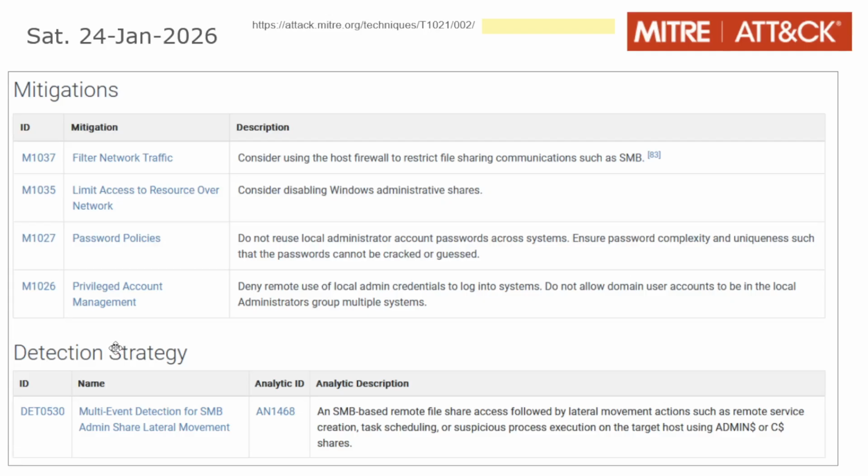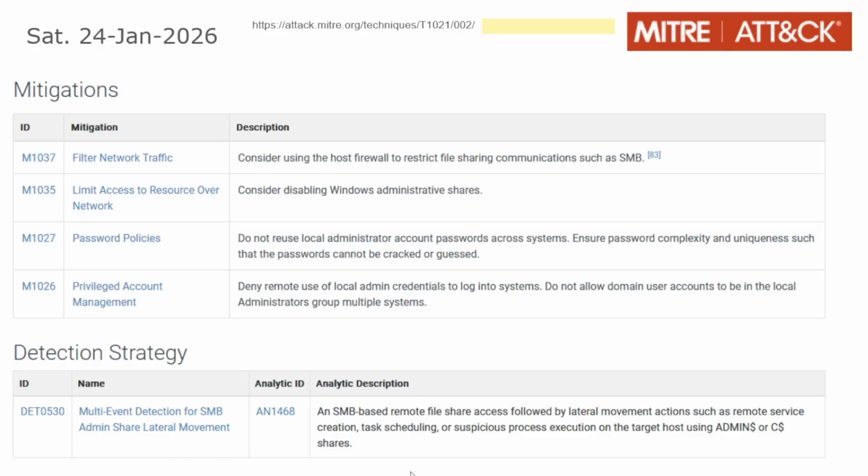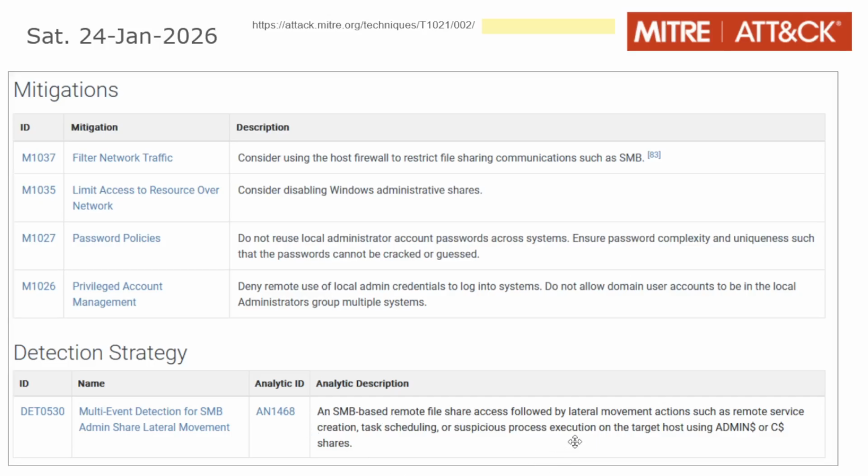So they have one here, multi-event detection for SMB, admin share lateral movement. Okay. And what do they say here? So an SMB-based remote file share access. Okay, so an access with SMB followed by lateral movement actions, such as remote service creation, task scheduling, or suspicious process execution.